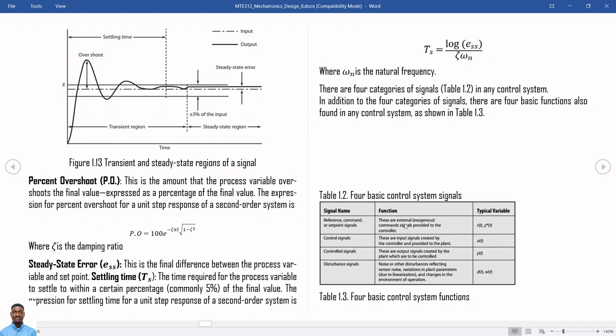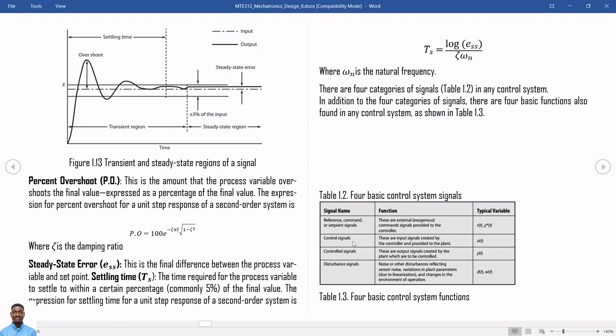It's an external input sent to the controller, and the variable to represent your reference or set point signal is your r(t) or y_r(t).